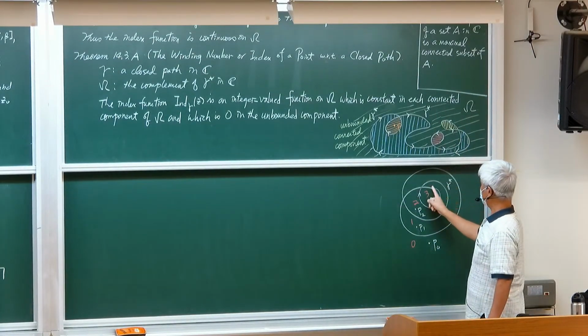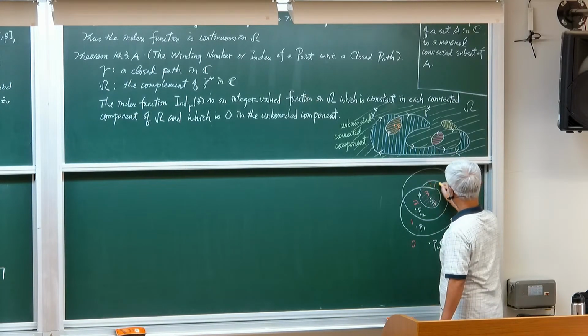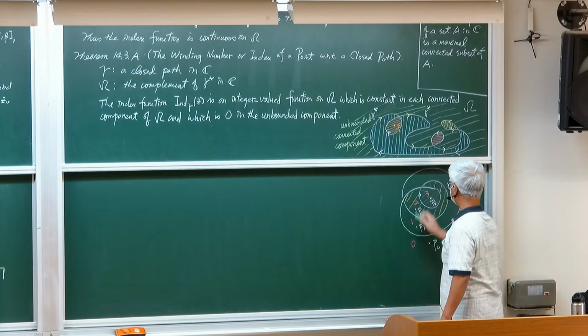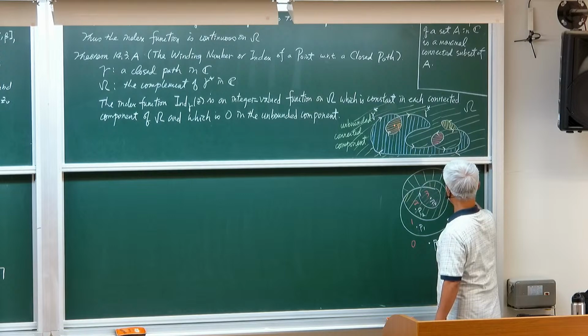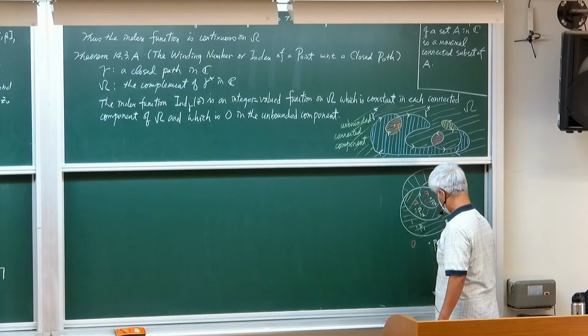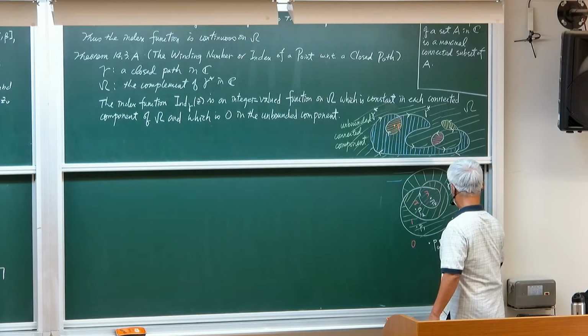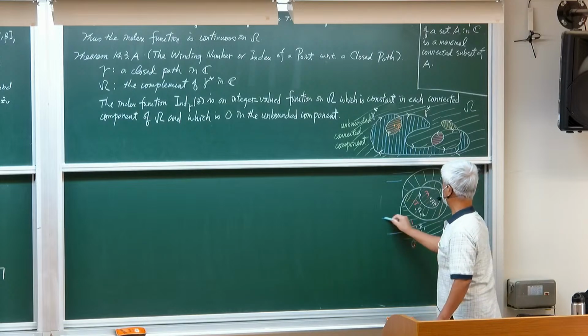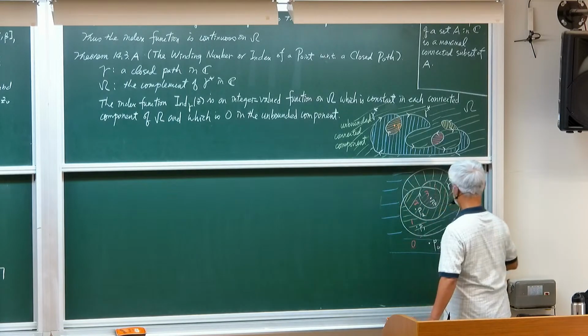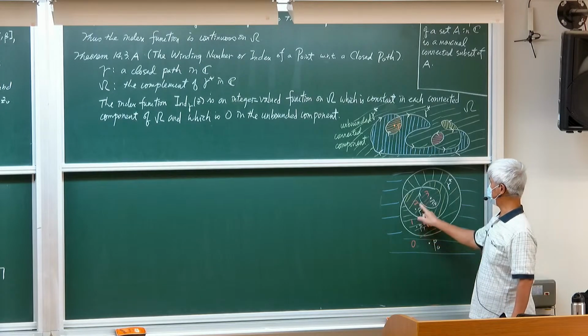So in this component the index is constant, in here the index is constant too, and in here it is constant. And here is the unbounded component. So the winding numbers are 0, 1, 2, 3.